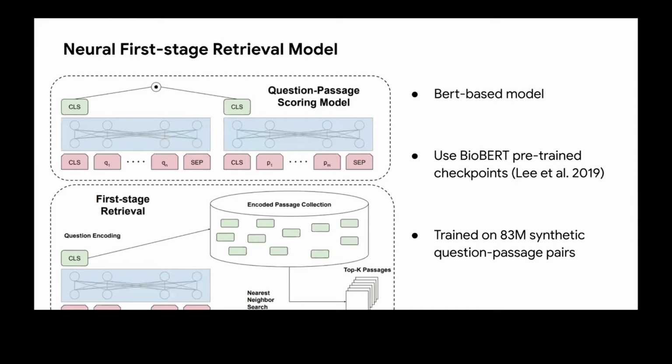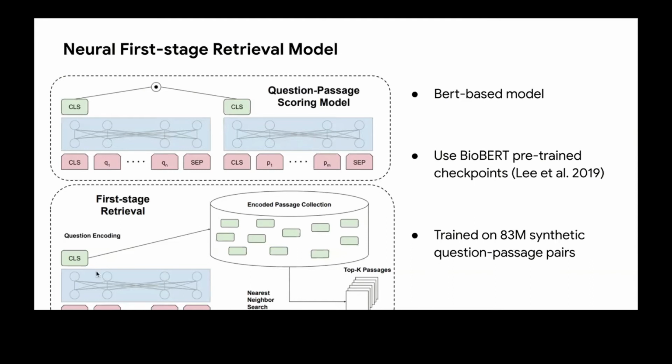Like I said, we take that data and pass it to the neural model. To give some specifics, it's a BERT-based two-tower dual encoder model, where we encode the queries and the passages independently, and then we score them at inference time. We use BioBERT as a pre-trained checkpoint.